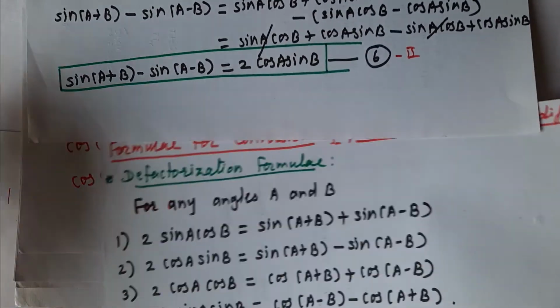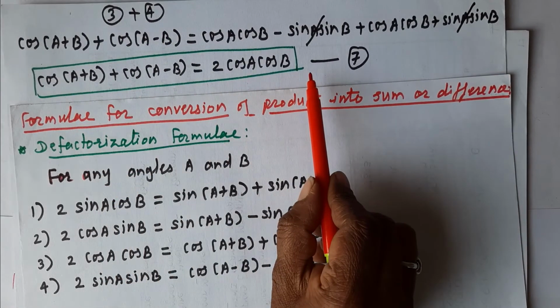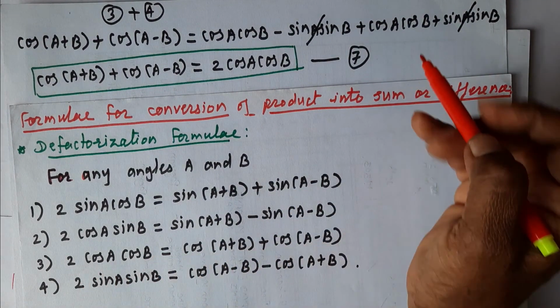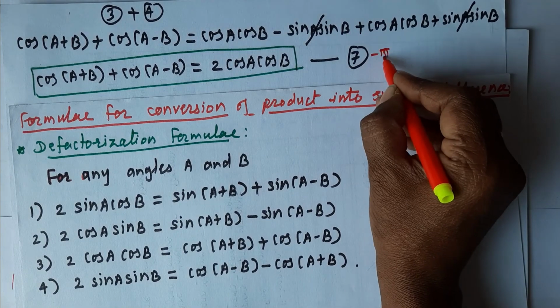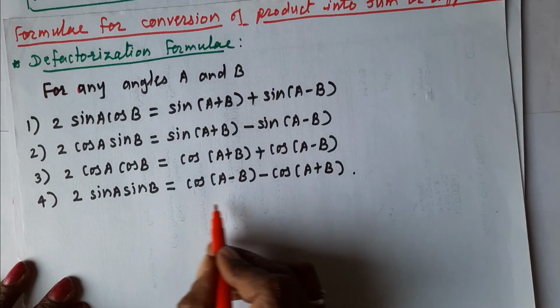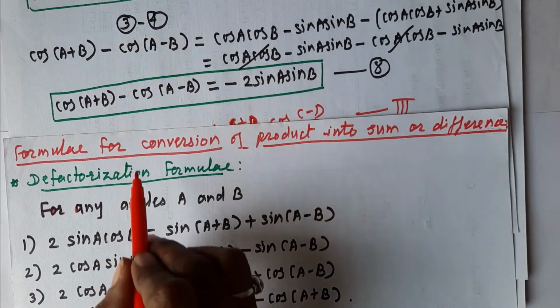And again, the addition of third and fourth gives the seventh formula, which is nothing but our third defactorization formula. To derive the fourth, we take the subtraction 3 minus 4.